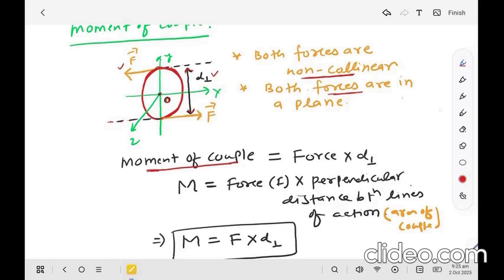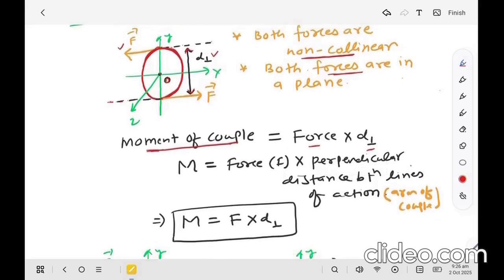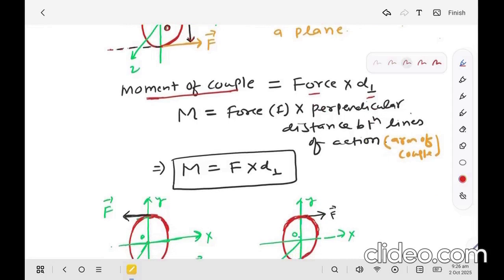So we can consider the magnitude of either force. The magnitude of the force multiplied by d perpendicular, it means the force times the perpendicular distance between the lines of action of F. So this is the magnitude of the moment of couple.